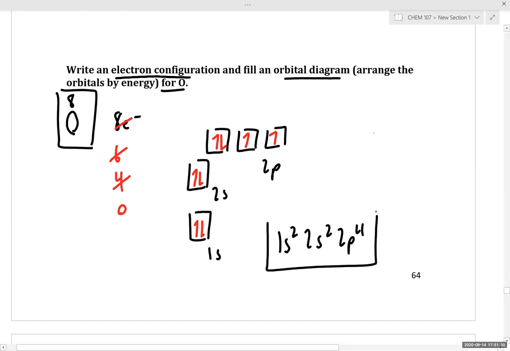And now we have a complete electron configuration for oxygen. Does this make sense to everyone so far? Any questions on this example?